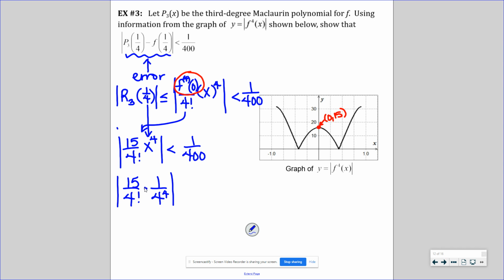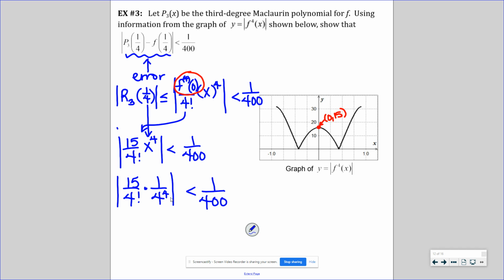Now I'm choosing to simplify a little bit as I go. 1/4 to the 4th power would be 1/4 to the 4th power. And I need to figure out what this would be equal to as a fraction, which I think, let's see, 15 over 4 factorial times 4 to the 4th.